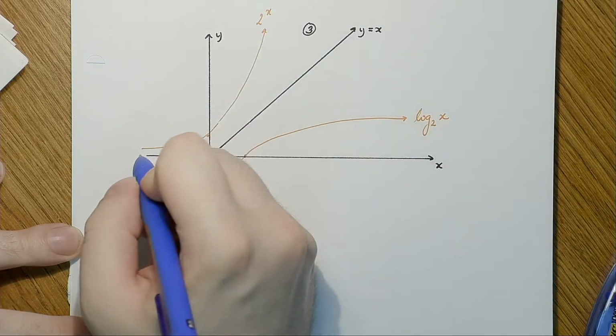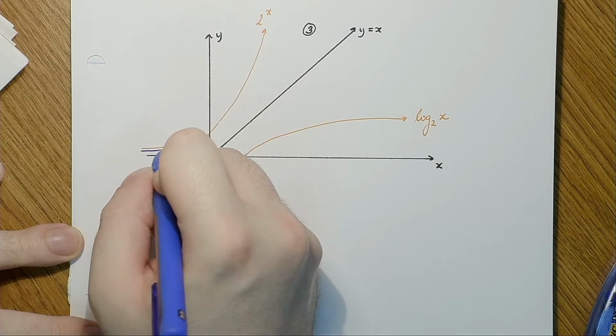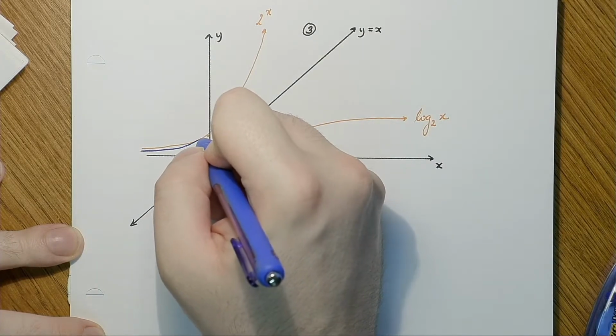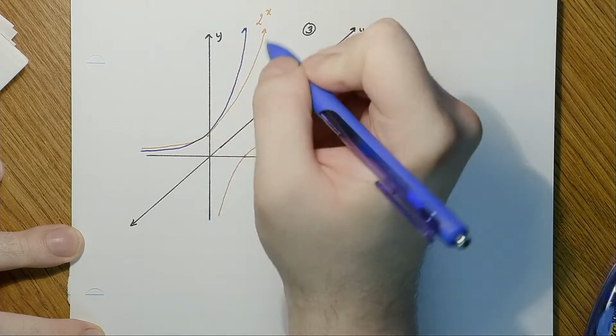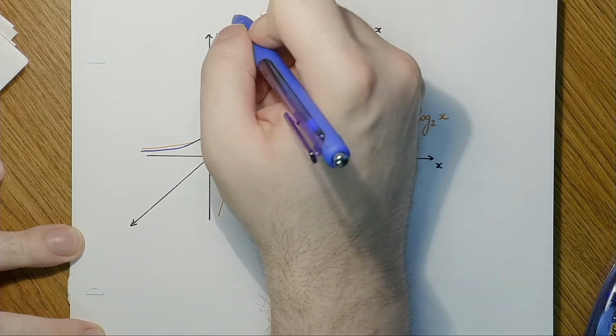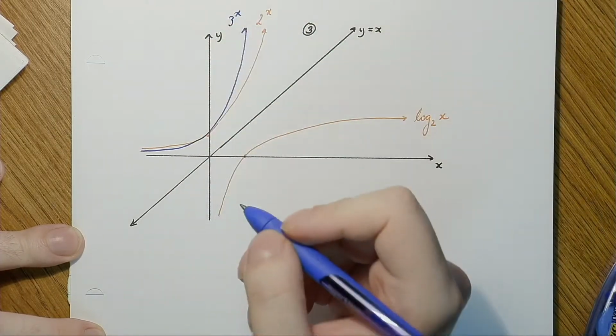If I had my 3 to the x, that would grow faster than 2 to the x.